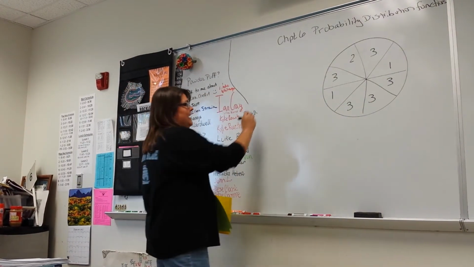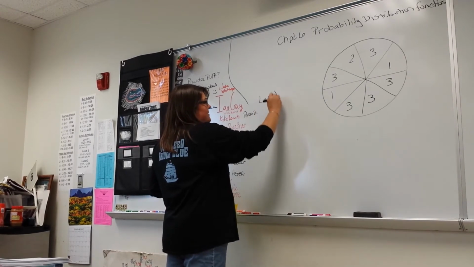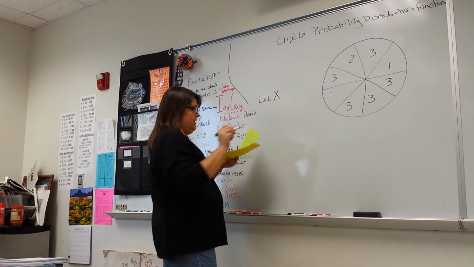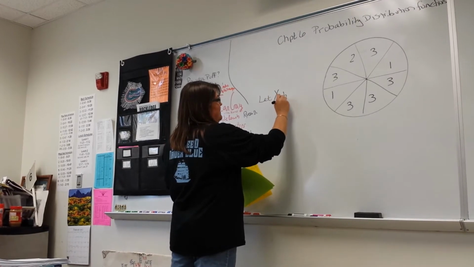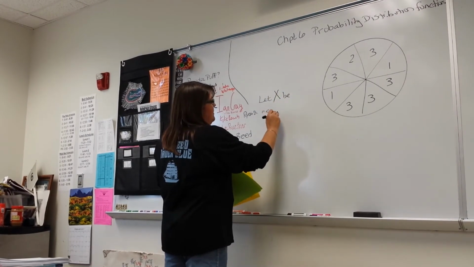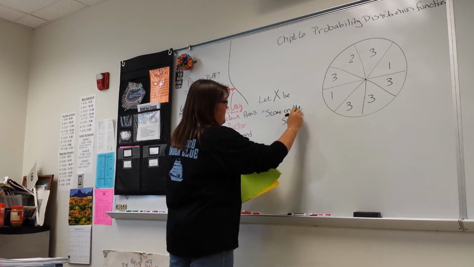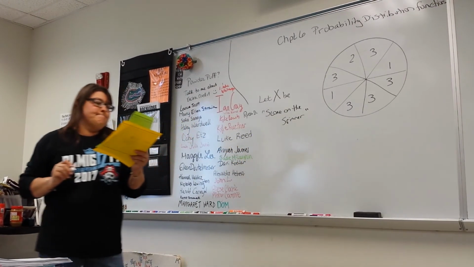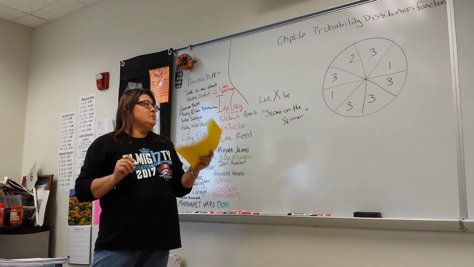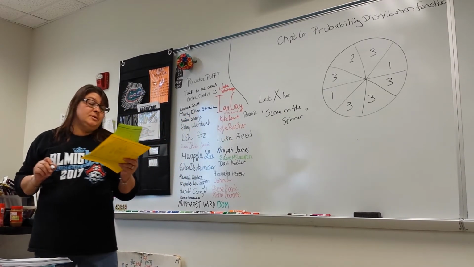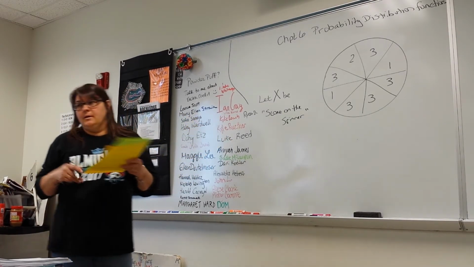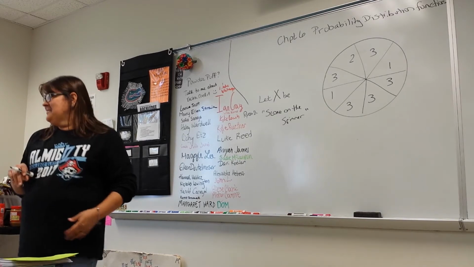So, let big X be the score on the spinner. I would like you to draw a probability distribution for this.